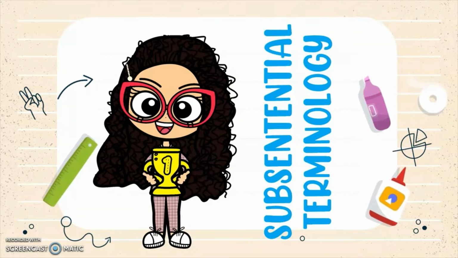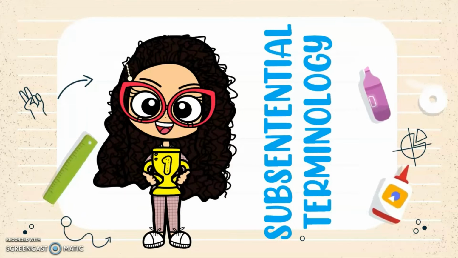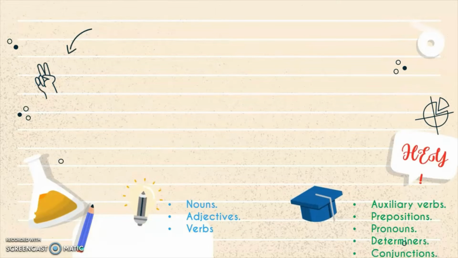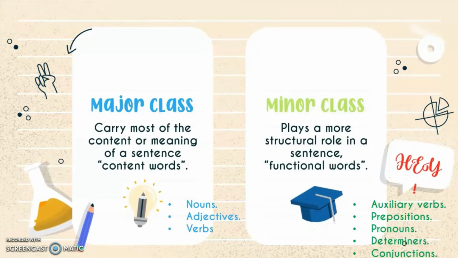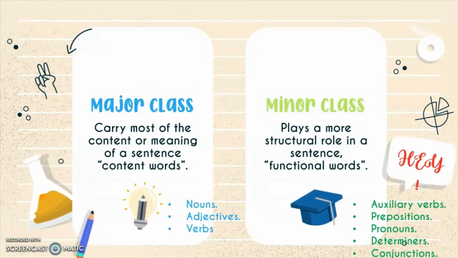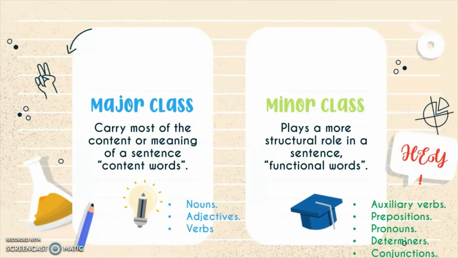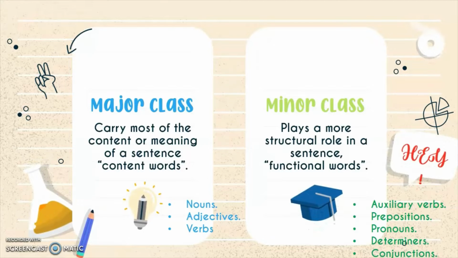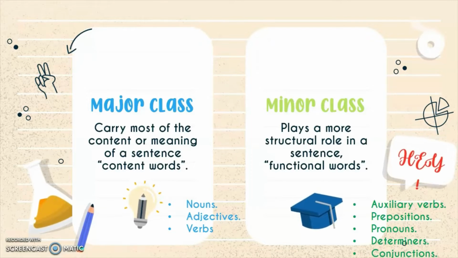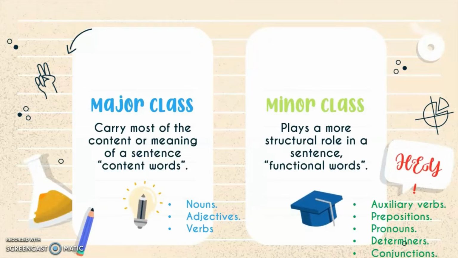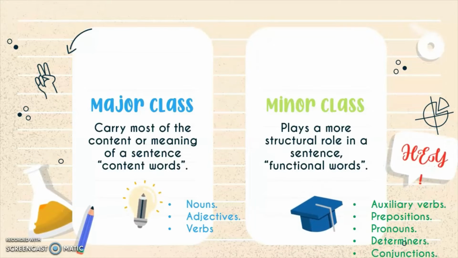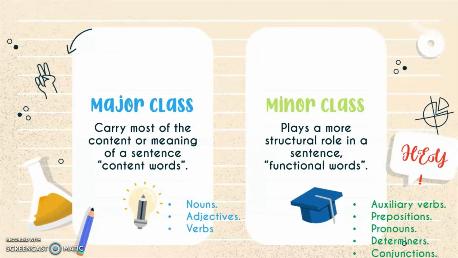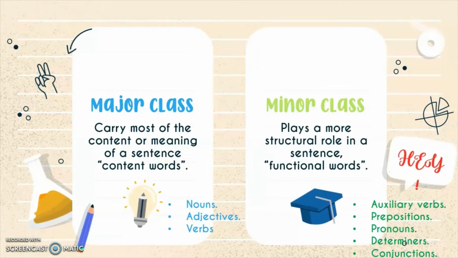Subsentential terminology. It is important to identify that we have two different classes, major class and minor class. The major class carries most of the content or meaning of a sentence, in this case, content words, for example, nouns, adjectives, and verbs.